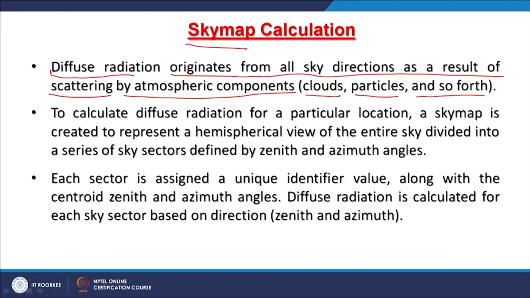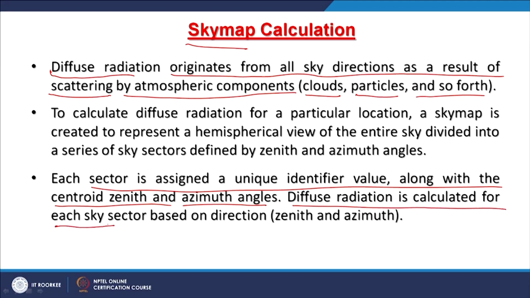Each sector is assigned a unique identifier value along with the centroid and zenith, and diffuse radiation is calculated for it. Earlier we were calculating direct radiation, now we are calculating diffuse radiation, because the final calculation has to include both, or rather, if more accuracy is required, all three components of radiation: direct, diffuse and reflected.